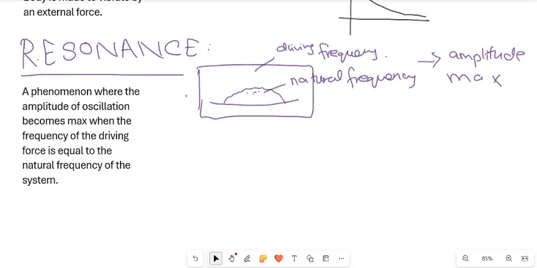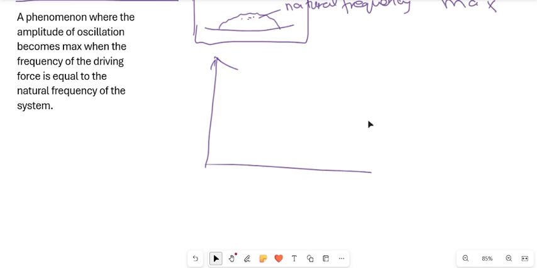And another graph that I'll draw and explain to you is how damping changes over time. Let's assume this is where my natural frequency is. I'm just going to write natural frequency, and this is where my driving frequency is.